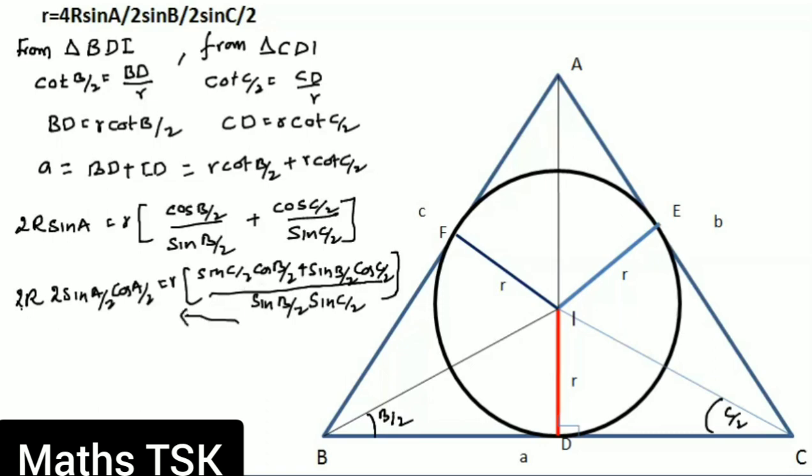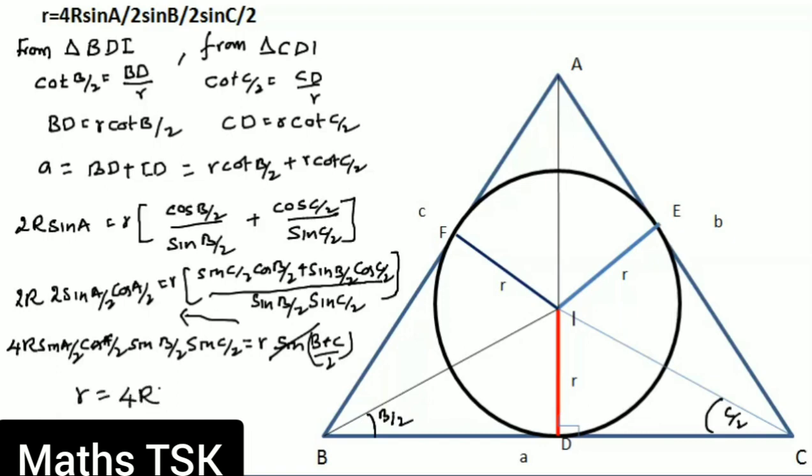So what we will get is 4R sin A by 2 cos A by 2, times sin B by 2 sin C by 2, is equal to r into sin C by 2 cos B by 2 plus cos C by 2 sin B by 2, which is sin of (B plus C) by 2. What is the value of sin (B plus C) by 2 in a triangle ABC? It is cos A by 2. So at last I can write r as 4R sin A by 2 sin B by 2 and then sin C by 2.